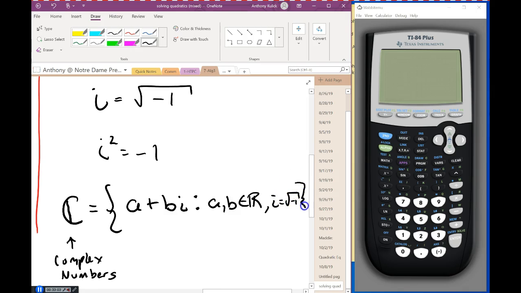I'll explain what all these symbols mean in just one second. I just want to give people a chance to write things down before I start talking, because it's hard to write and listen at the same time.